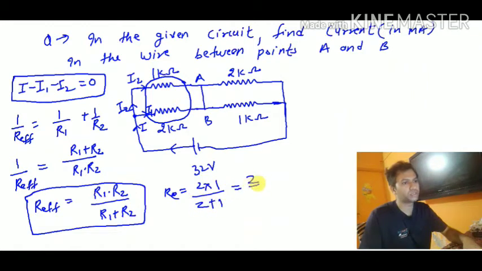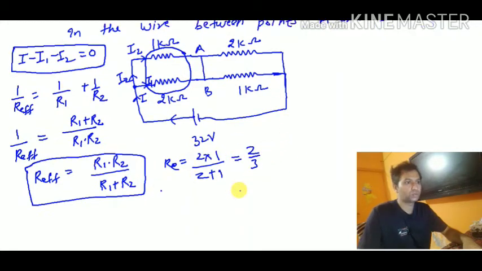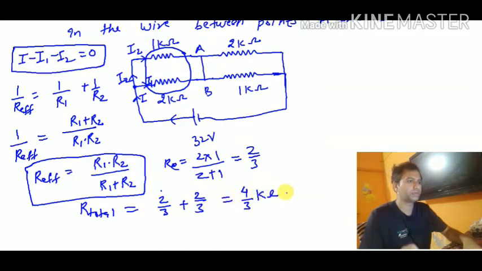So this is 2 by 3, and even here they are in parallel. So R total is equal to 2 by 3 plus 2 by 3, you will get 4 by 3 kilo ohm, because every resistor is in kilo ohm, so here you will get a 4 by 3 kilo ohm resistor.